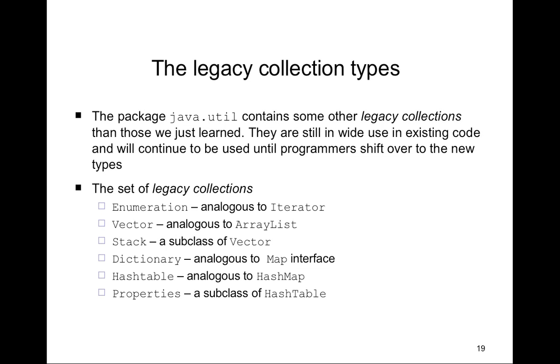Well, what are you doing? It's just for iteration. So this enumeration is analogous to the iterator. Because if you're an iterator and you're going through a list, you can go red, okay, next, white, next, blue, next. Does it have any more in there? You know? So it's supported in terms of that functionality. So the package java.util contains some legacy collections.